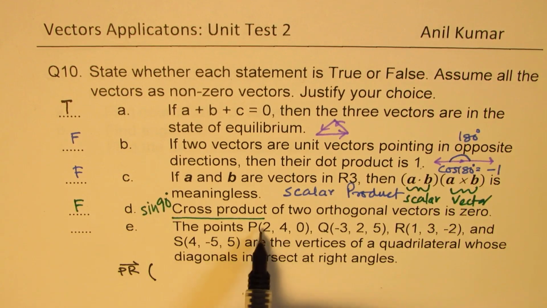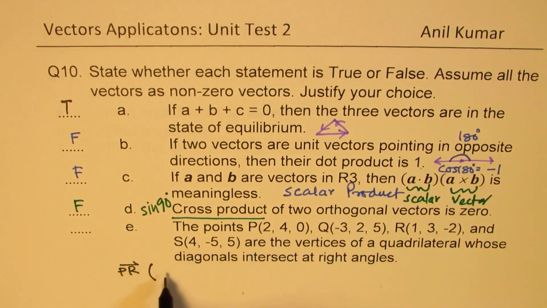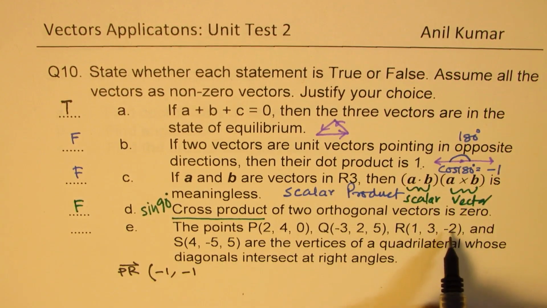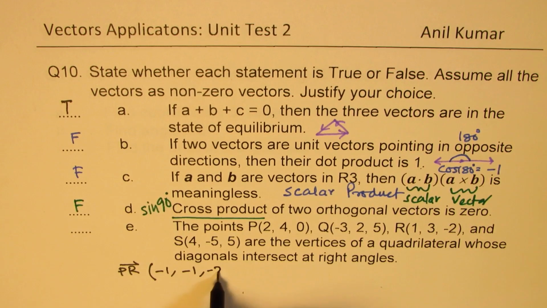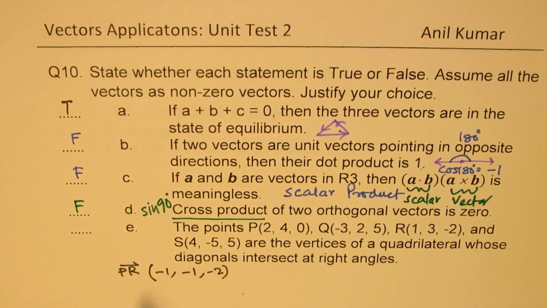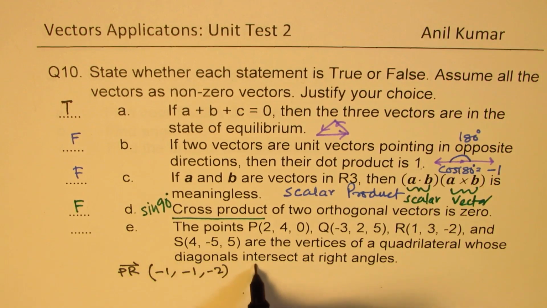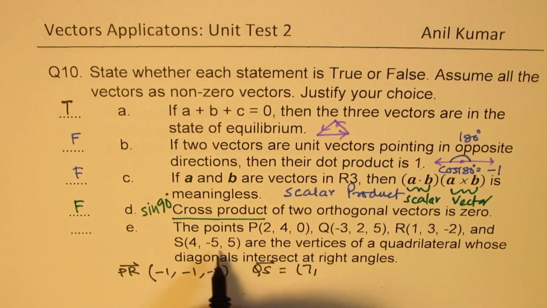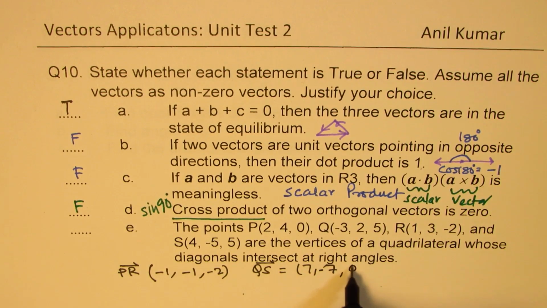P to R will be 1 minus 2, which is minus 1, 3 minus 4, which is again minus 1, minus 2 minus 0 is minus 2. Then let's find QS: minus 4 minus 3 will be minus 7, minus 5 minus 2, 5 minus 5 will be 0.